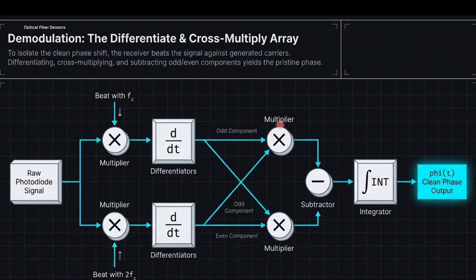After that, multipliers are used again to mix the signals from this direction and this direction, and this mixed signal comes to the subtractor and goes to the integrator, where the clean phi t phase output occurs. We are getting the cleanest phi t phase.